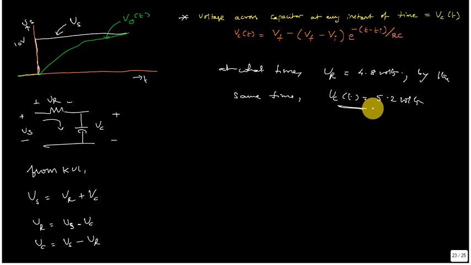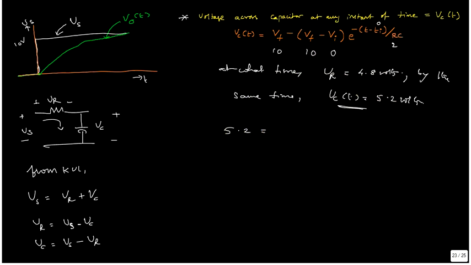When the resistor voltage drop is equal to 4.8, the capacitor voltage reaches 5.2, so we will use this equation to calculate t. That is the time at which the voltage drop across the resistor is 4.8. Substitute 5.2 is equal to Vf. Vf value is 10, Vi value is 0, Ti value is 0.